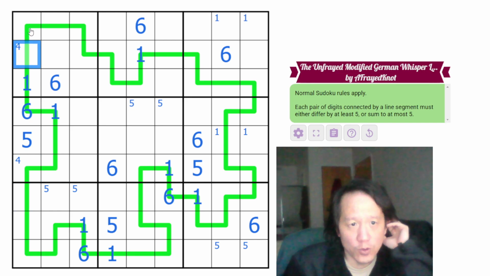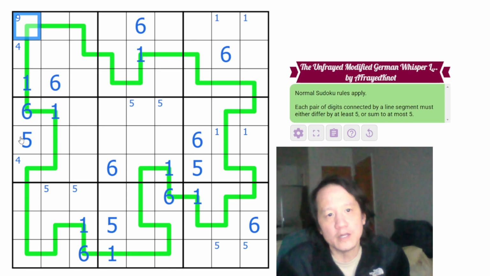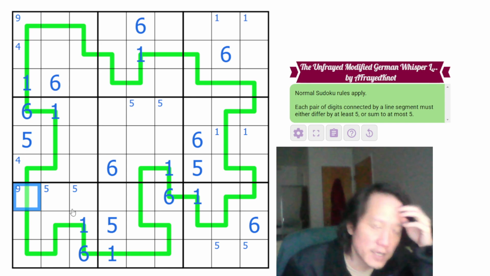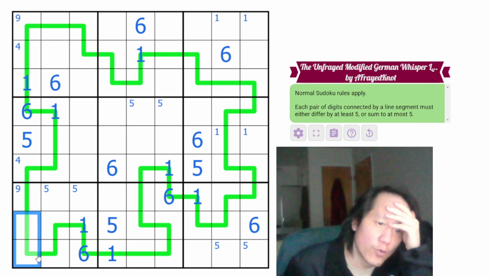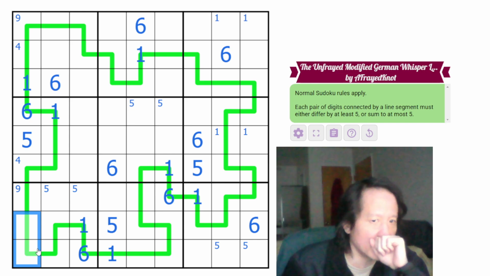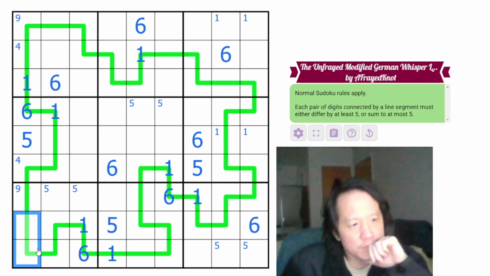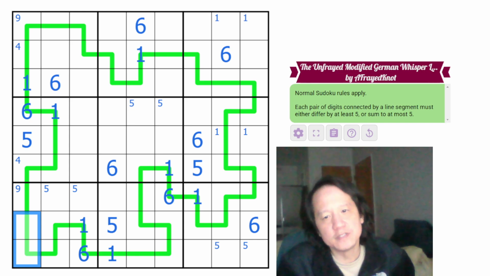If this is 4, this has to be a 9. So either way, either this is a 9 or this is a 9. So you cannot have either 4 or 9 here. It cannot be 1, 5, and 6. So this has to be 2, 3, 7, or 8 here.